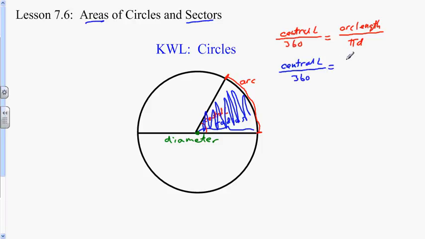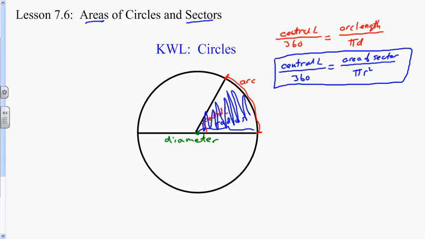So now it's going to go area of sector, and since it's a piece of the area, we have to have the formula for the area of a circle instead of circumference, and that is pi r squared. So we're going to focus on this formula today, eventually. We're going to do a little review with just this piece first.